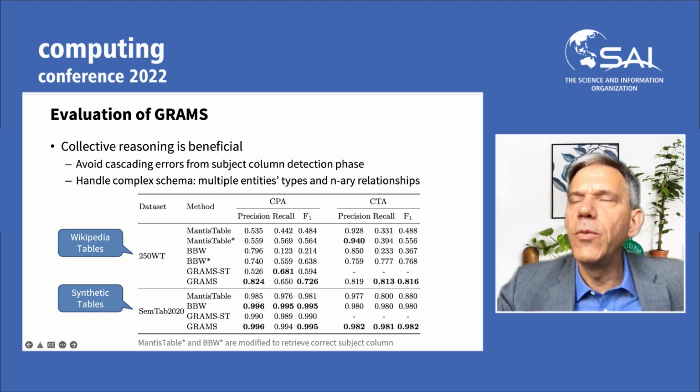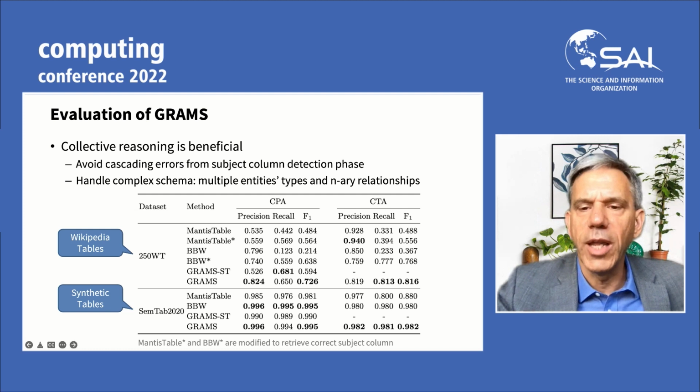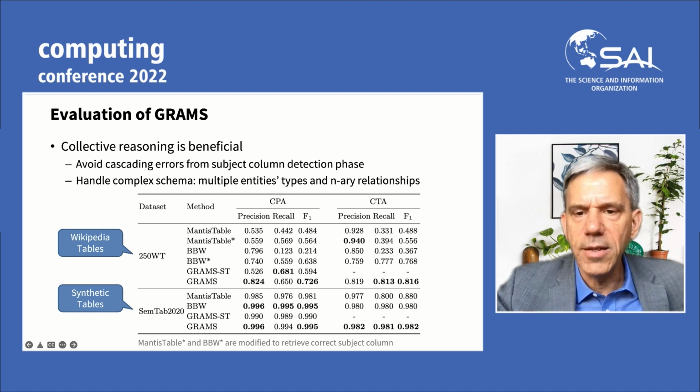One is, did we figure out the correct label on the column? What's the type of the information that's actually in the column? And the second, for the CTA here, is, do we find the right set of relationships between them? The black in each of these rows indicates the best performance. So you can see that either Grams or a variant, Grams B, did well on almost everything.